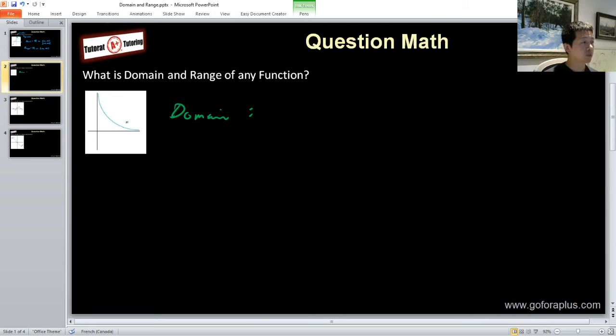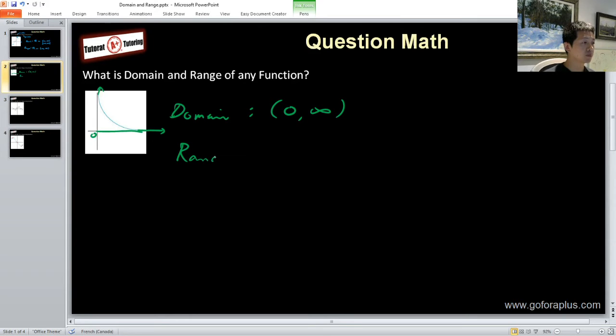Domain is basically from 0 up until it always goes that way. We start from 0, the x value, to positive infinity, and both are excluding, because it never touches 0. It approaches the y-axis, where the x value is 0, but never touches it. That's why we have to exclude the point 0.